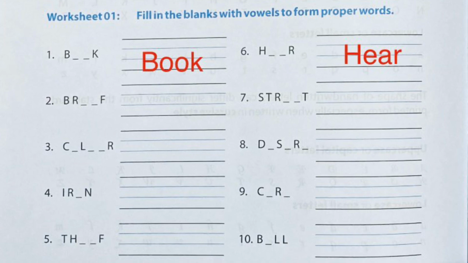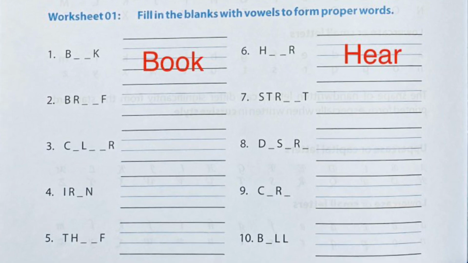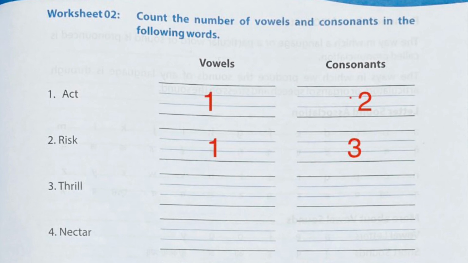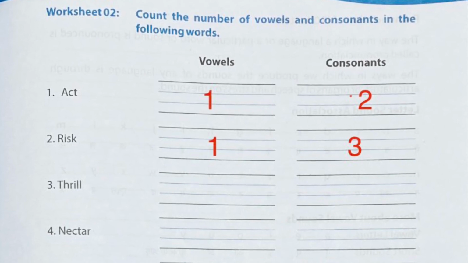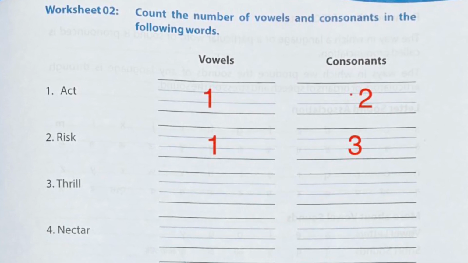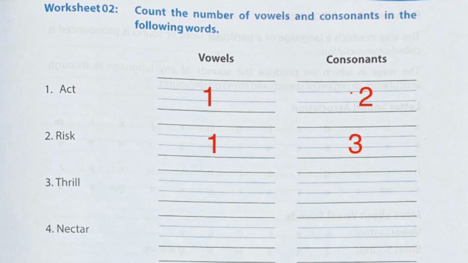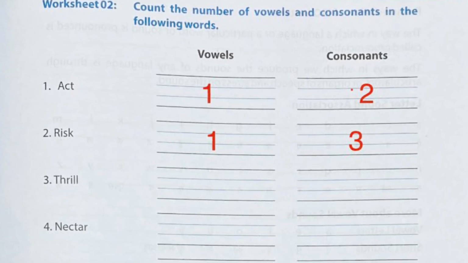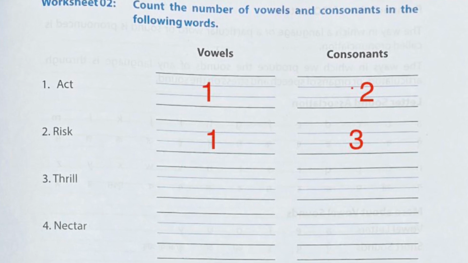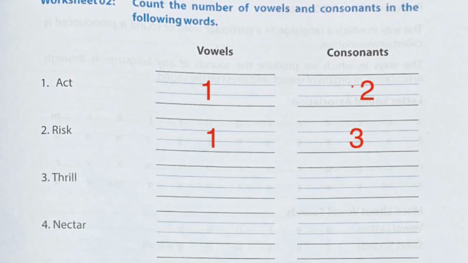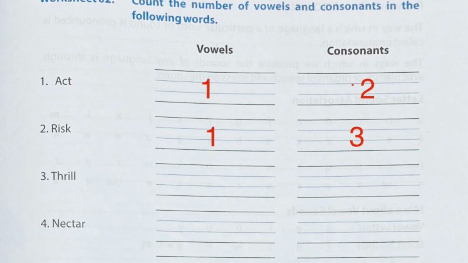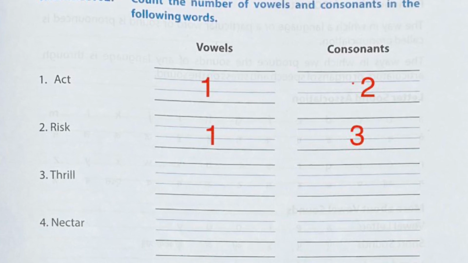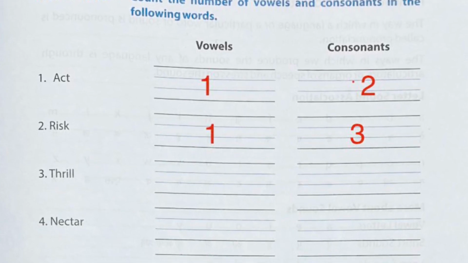Please try to solve worksheet 1 and worksheet 2 on your own, because they are very easy to solve. In worksheet 2, they have simply asked to count the number of vowels and consonants in the following words. For example, I have solved 2 here. Act and risk.